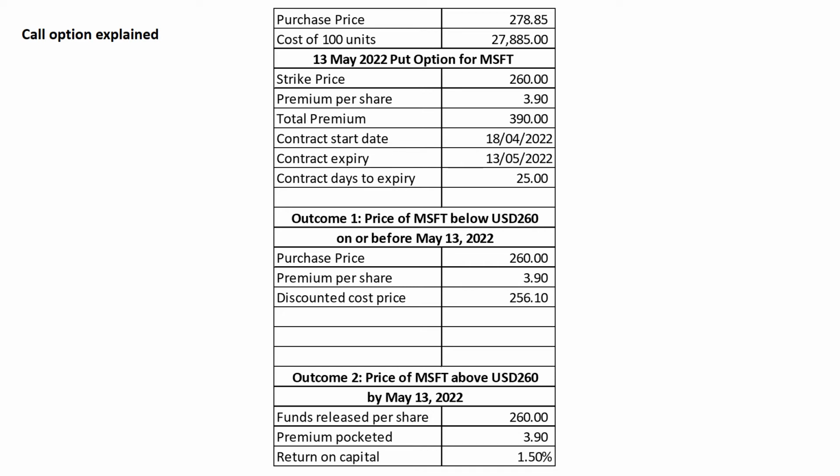Now, remember, you were already paid $3.90 per share, which means that even though you're paying $260 to buy the Microsoft shares, your actual cost of the Microsoft shares is $256.10. That's the $260 you paid less the $3.90 that you received upfront. So it's like buying Microsoft shares at a discount.